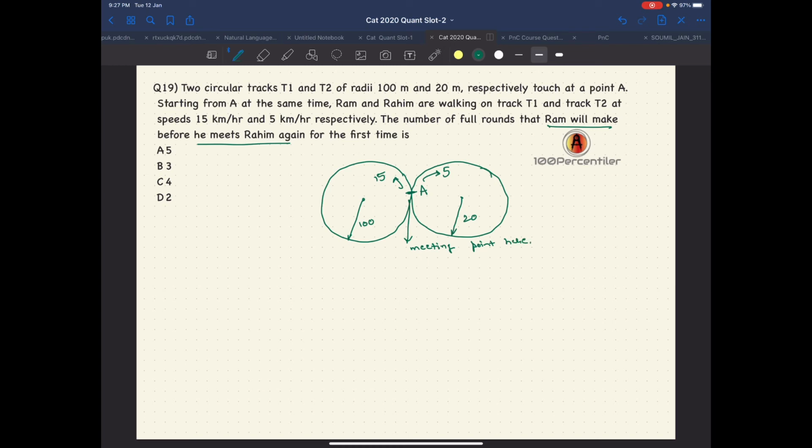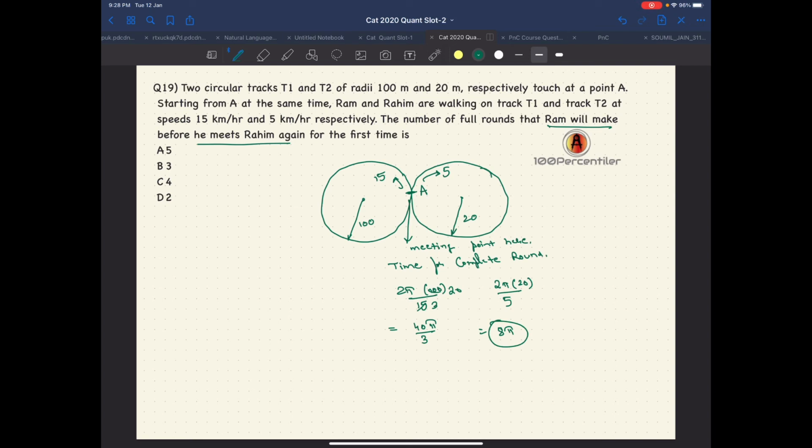So as it is easy to understand from here, we first need to find the time for a complete round for both of them. So here we'll have 2 pi r upon speed, which is 15, and therefore simplifying this we get 40 pi upon 3. And for Rahim we will have 2 pi r upon 5, which is 8 pi.